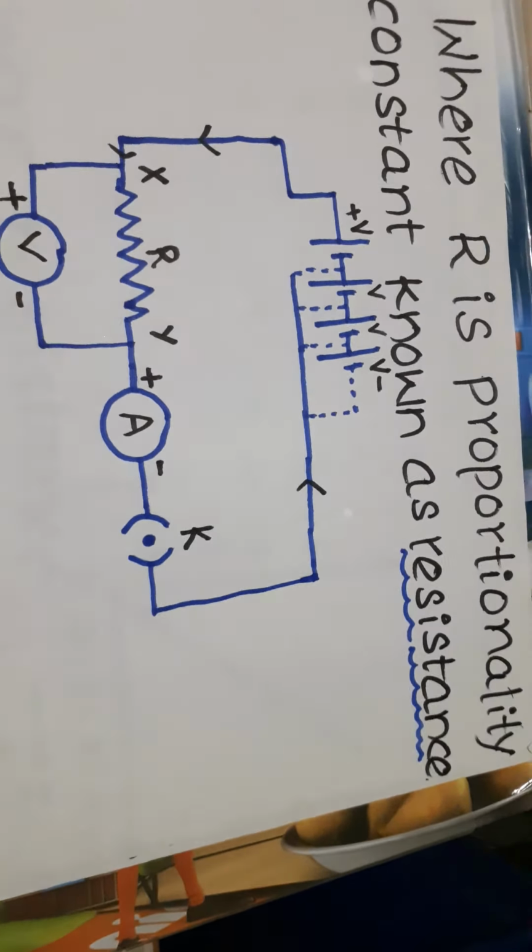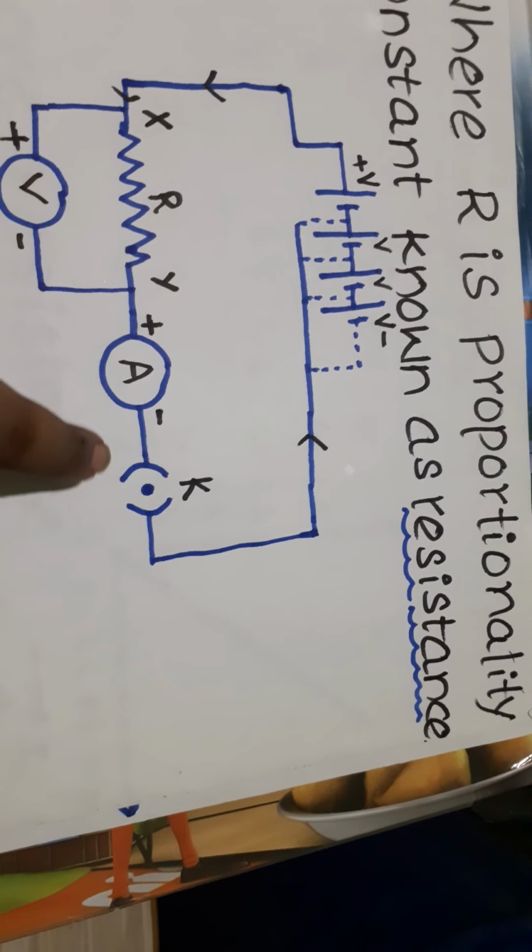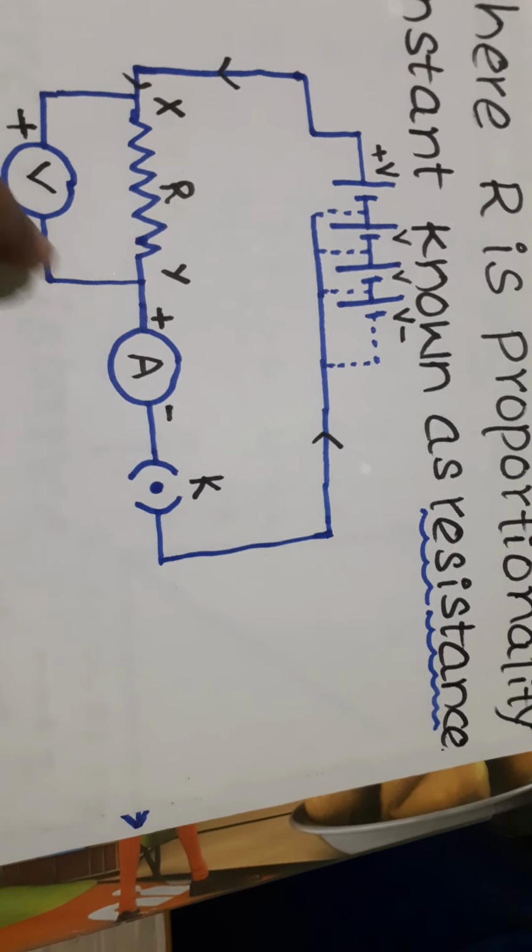The battery has a positive terminal and a negative terminal. The potential of each cell is V. The negative terminal of the battery is connected to the plug key. What is the use of the plug key? The plug key is used to control the flow of electrons into the conductor. So, ammeter, voltmeter.